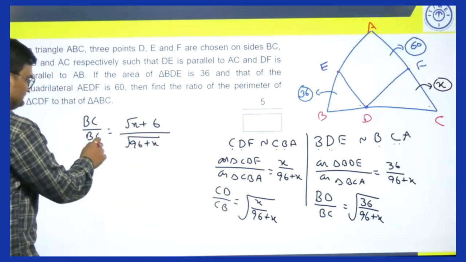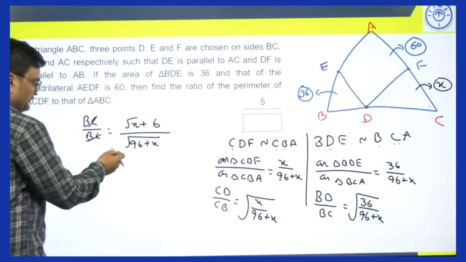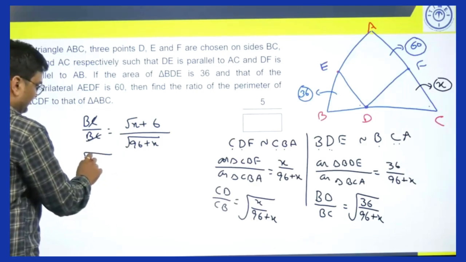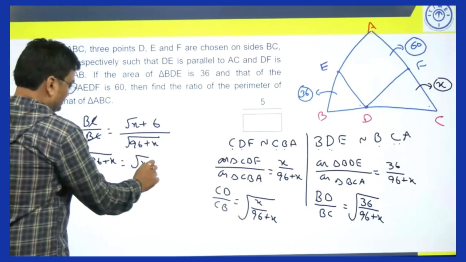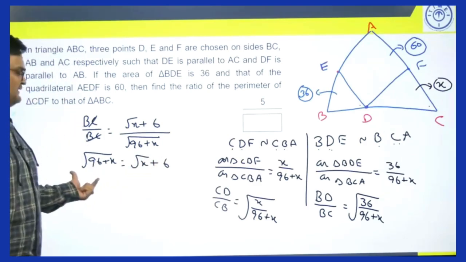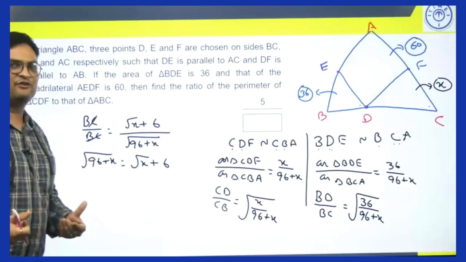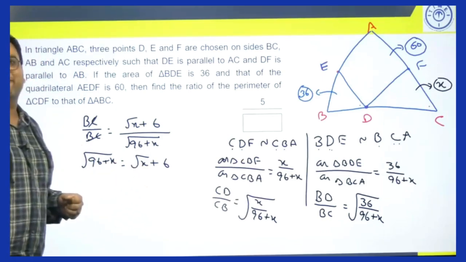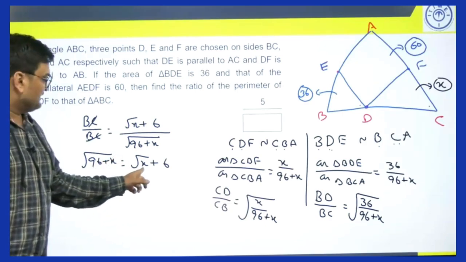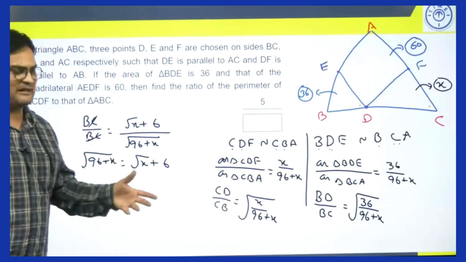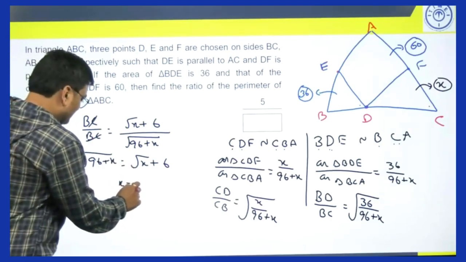So this is 1. When you simplify this, root 96 plus x will be equal to root x plus 6. How do we solve for this? Either you square it, or even now you can observe that x equal to 25 will satisfy. If you put x equal to 25, this is root 121, 11. This is root 25, 5 plus 6, 11, matches. Hence we may say the value of x is going to be 25.